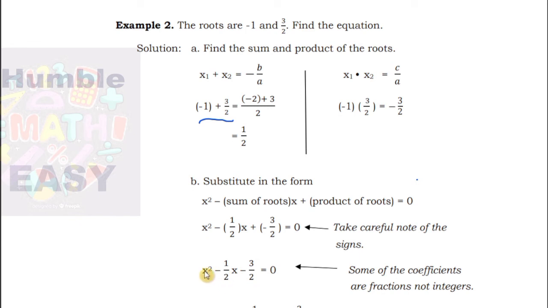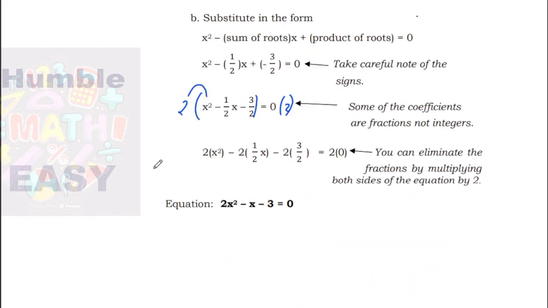Since we have 2, we now have to multiply both sides of the equation by 2. As we distribute, we have 2 times x squared, 2 times negative 1 half x, then 2 times negative 3 halves, and 0 times 2.